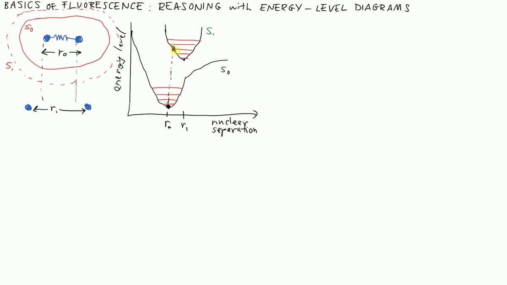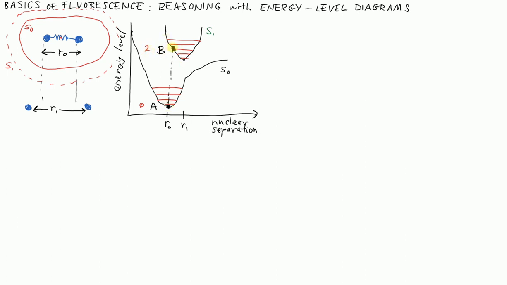So the assertion is that we start off with a state A. It's in the lowest vibrational energy state, which we'll index 0. And the assertion is that we're going to end up in this particular diagram in what we'll name state B, and that has vibration level 2.